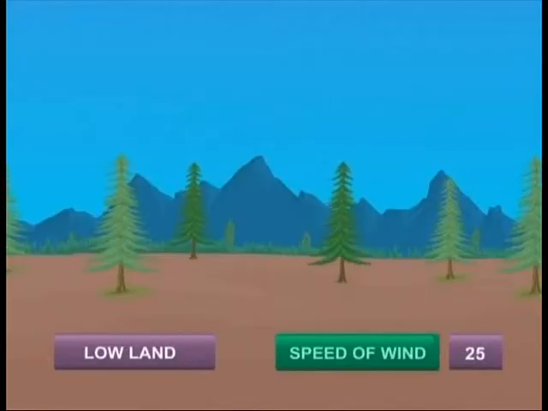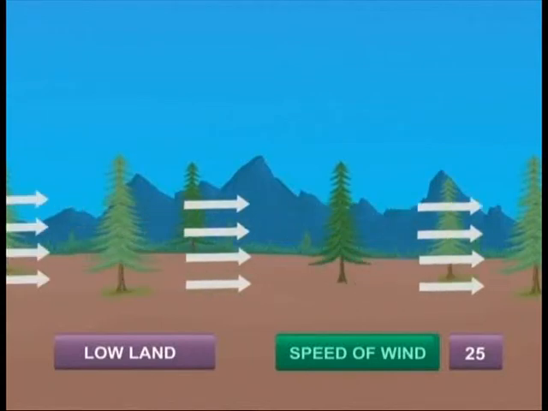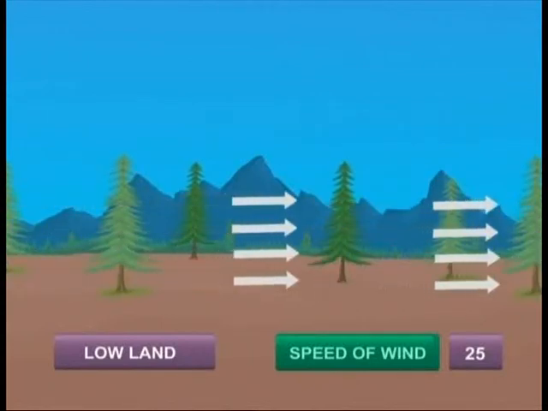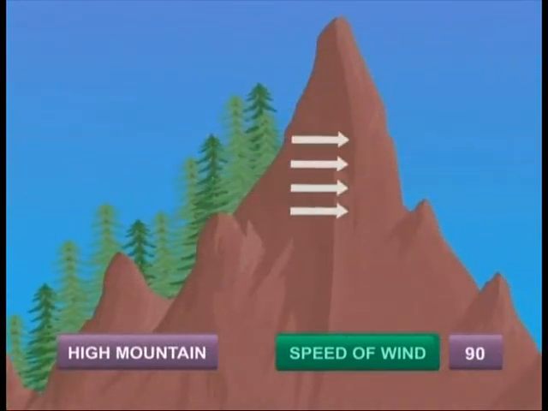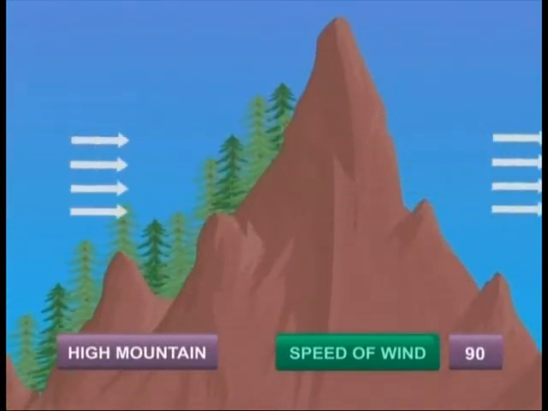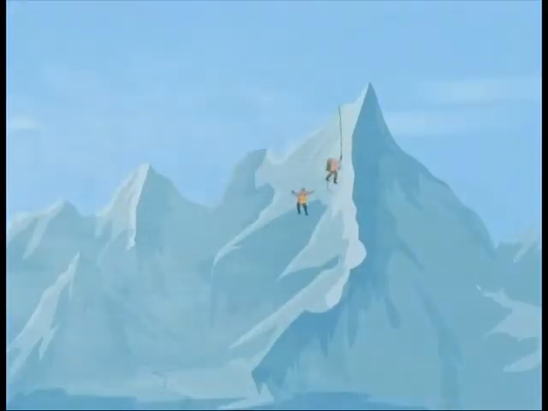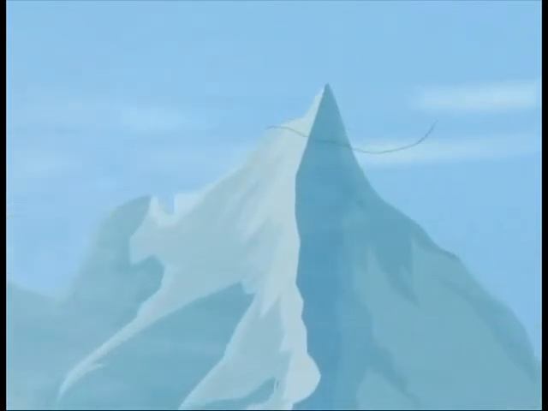As the wind blows through the low slopes of mountains and lowland areas, it gets slowed down by rubbing against the ground. While they are higher up, they blast into mountains with full force. The wind is so fierce that people can be blown over by its force, making the mountain tops even scarier during storm.